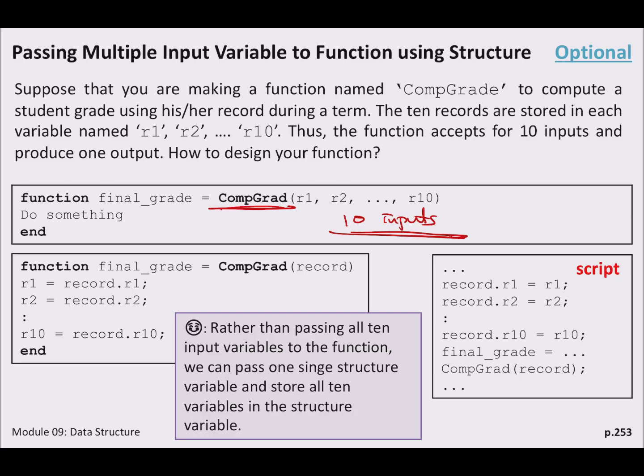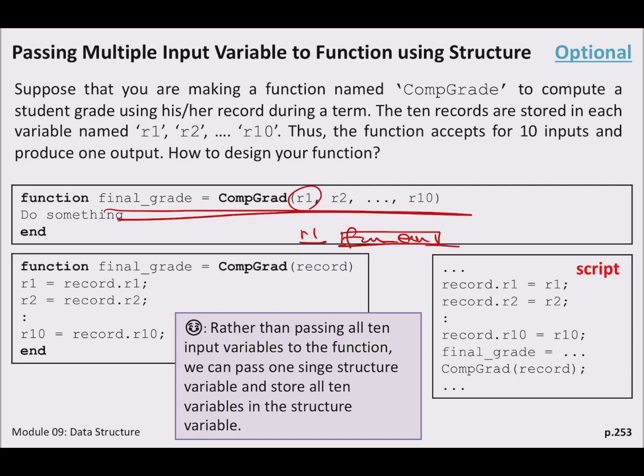One way is you can list all these 10 variables in a function header, like this. But in this case your variable name is a short r1. If your variable name is long, like final, exam, first, or whatever, and you place these 10 variables in the function header, it's very messy and not readable.